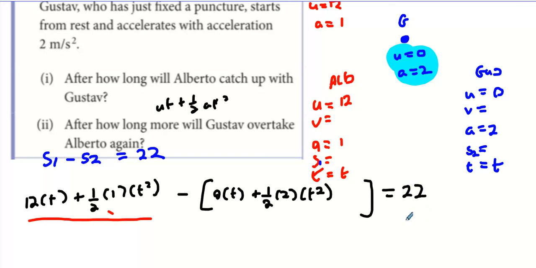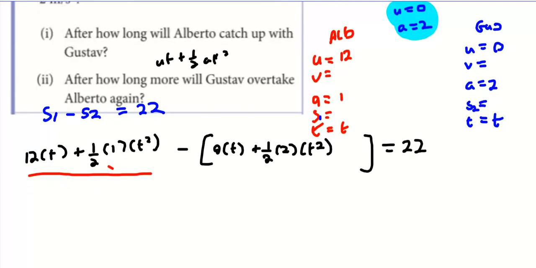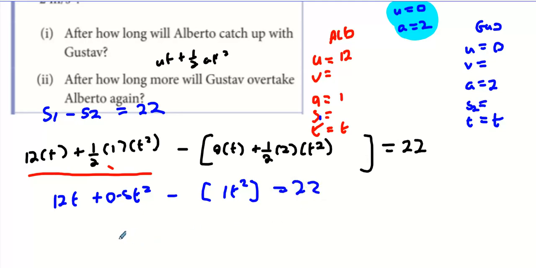Everybody cool with that? So what happens next then? 12t plus 0.5 t squared, take away just 1 t squared, equals 22, minus 0.5 t squared plus 12t minus 22 equals 0.